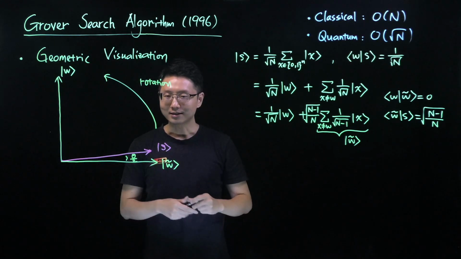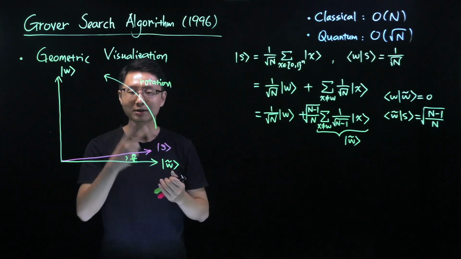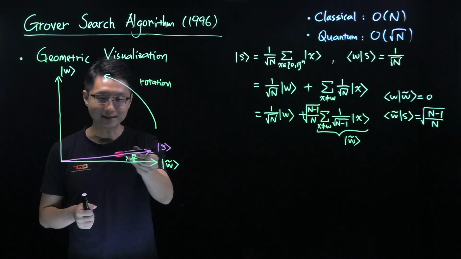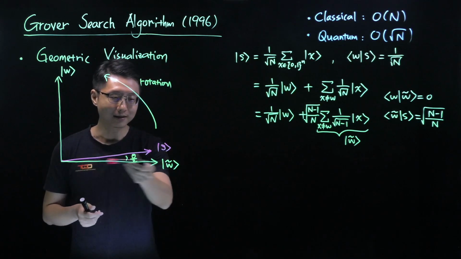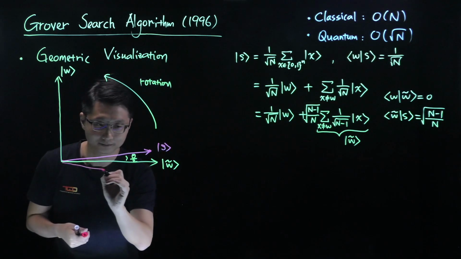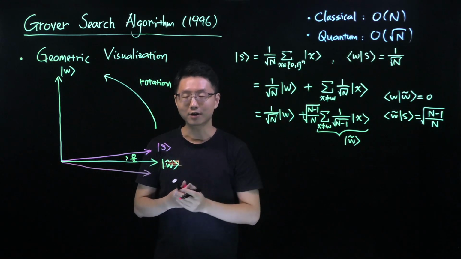How to achieve that? It turns out this rotation is done via two consecutive reflections. So first of all, we're going to reflect the state S about the axis defined by the W tilde. So that will turn the state over here. And this is exactly the action of the oracle.